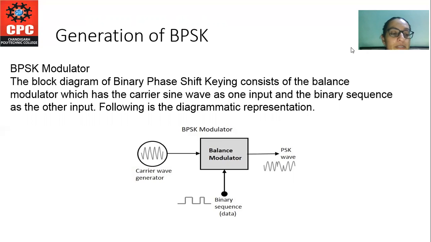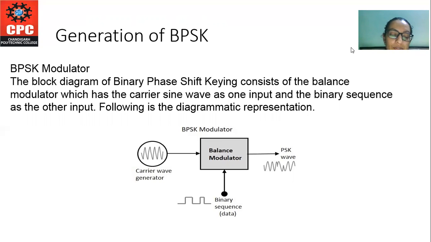This is the very simplest form of PSK, where the carrier wave and binary signal in polar form are given to the system, in which one phase represents logic 1 and the other phase represents logic 0.